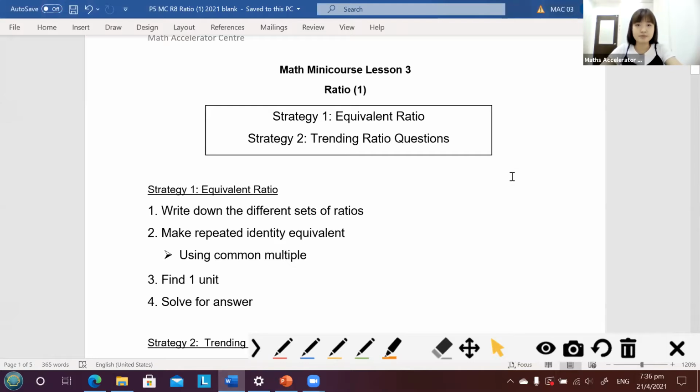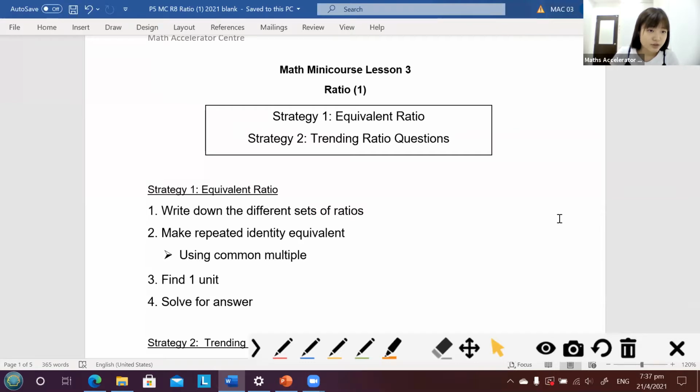Let's go to the worksheet here. Today we're doing ratio. Can I have you type into the chat, have you learned ratio in school yet? You can type yes or no. About 99% of you have learned ratio.